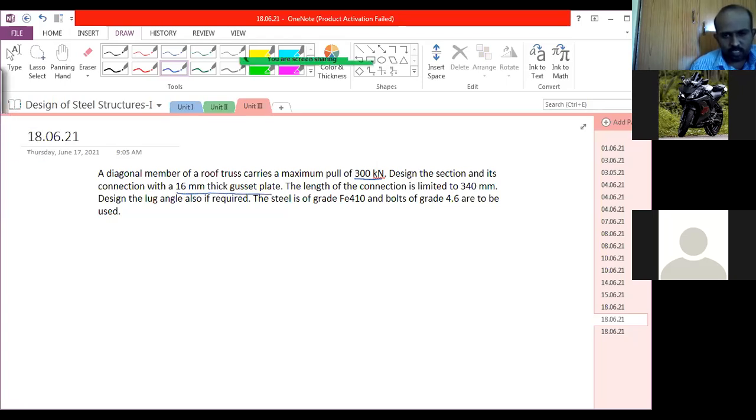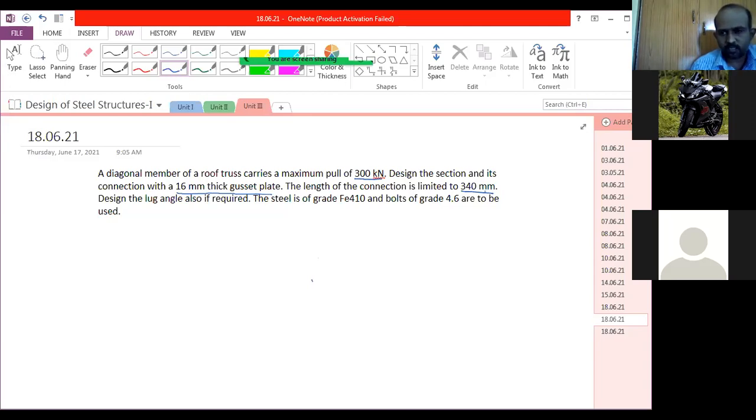The length of the connection is limited to 340 mm. Here the length of the connection is mentioned as limited to only 340 mm. That means on the gusset plate you can provide only 340 mm, and you cannot provide beyond that.